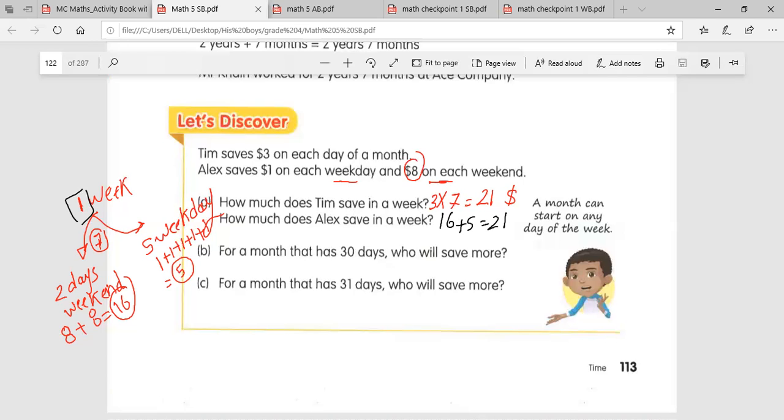I know the month is 30 days, but some months have 31, some 30. How to calculate it? It depends on how many weekends, because it is different. We have to differentiate between the weekends in each month.